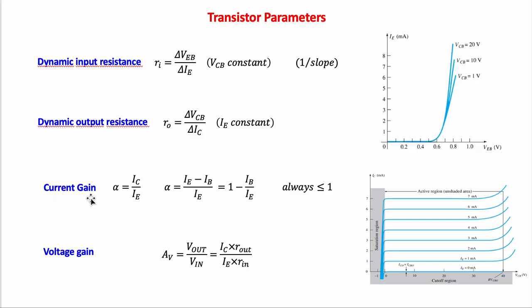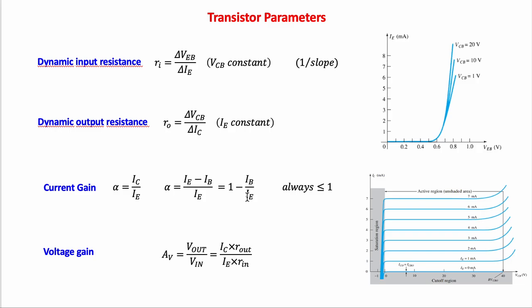For the current gain, it is output current over input current. Output current is IC and input current is IE. We know that IC is equal to IE minus IB, so the gain is (IE minus IB) over IE, which equals 1 minus IB over IE.